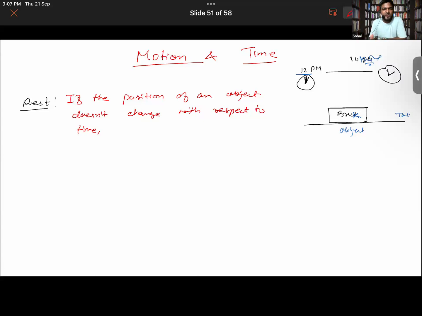The time is not a boundation. Sitting will also be an example of a state of rest, right? So if the position of an object does not change with respect to time, it is said to be in a state of rest.